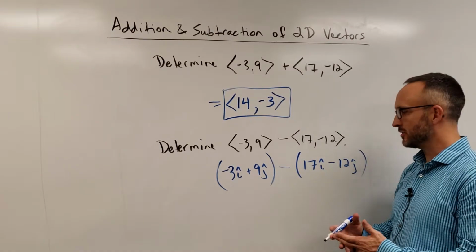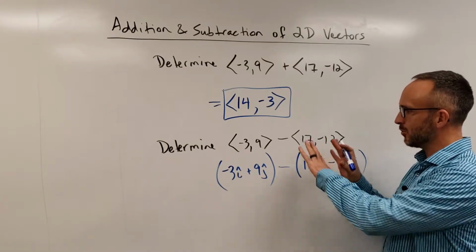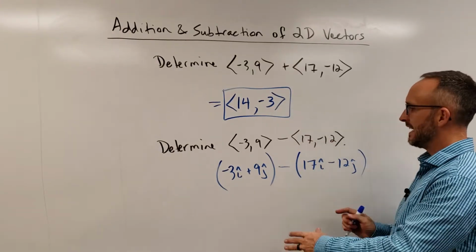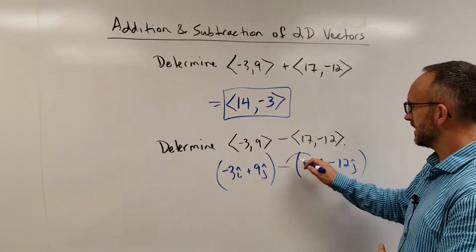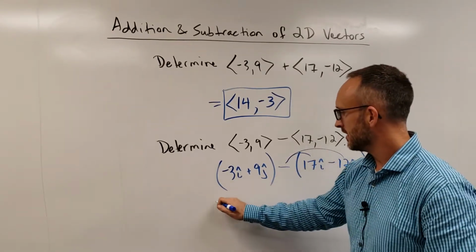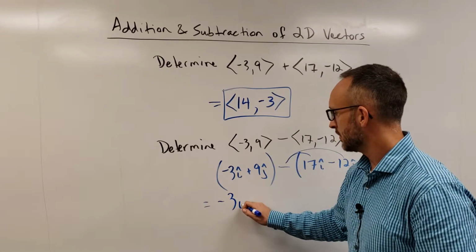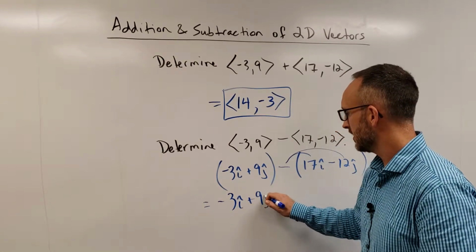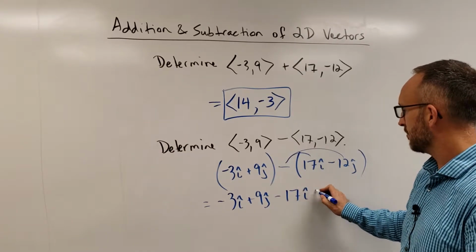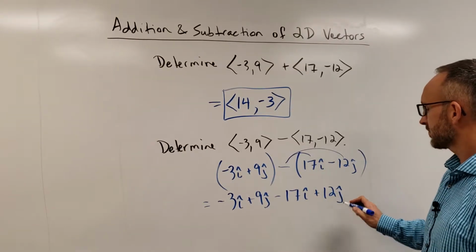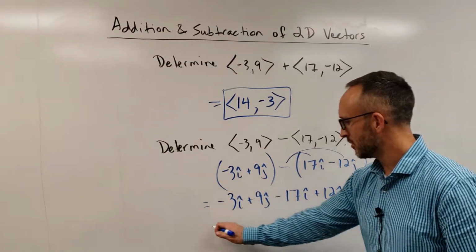And now in this notation, there's no commas or any angle brackets or anything weird like that. It just looks like algebra. So if you were doing algebra here, you would distribute the negative. And so you would get negative 3i plus 9j. We'll drop these parentheses. Minus 17i plus 12j. And then we combine like terms.